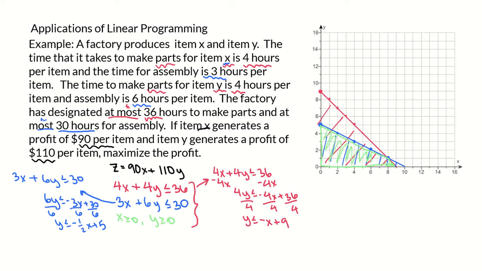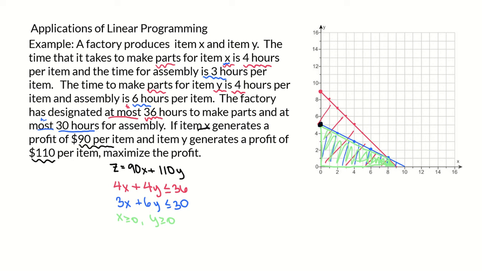So that's the region where x and y are positive, and it's the region shaded below both the red inequality line and the blue inequality line. So now we can use the corner point theorem in order to determine where the profit is maximized.